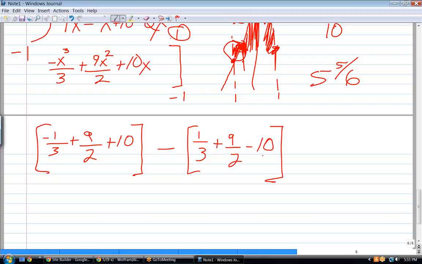Okay, so again, this is the same as it was. Oh no, this is 14.5 minus 1/3. So it's 14 3/6 minus 2/6. So this becomes 14 1/6 on that side.